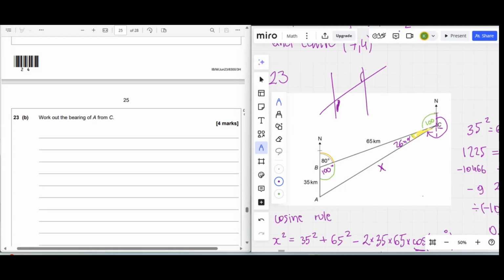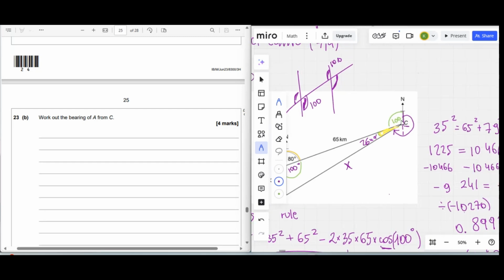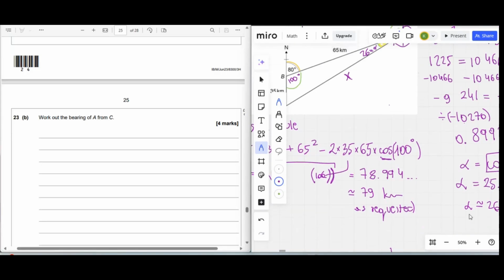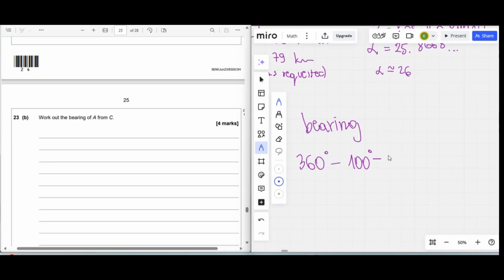This angle and this angle are equal. So we know that there is 100, there is another 100 there, and we found that 26. From the whole circle, we are deducting the green 100 and the yellow 26. And that's 234 degrees.